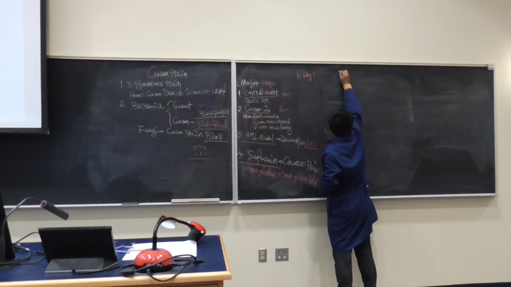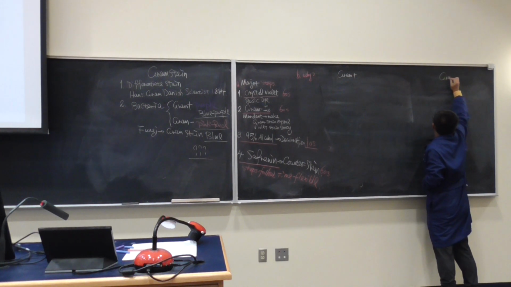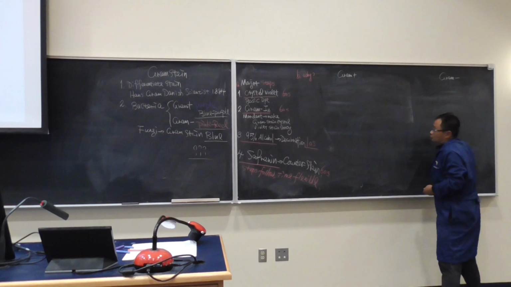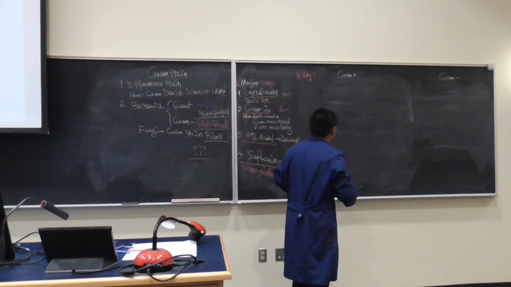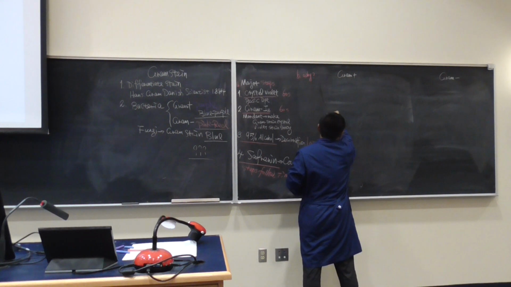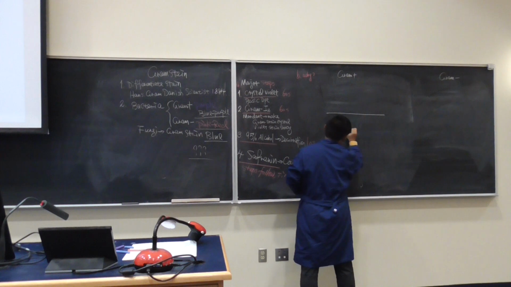Okay, this is gram-positive bacteria. This is gram-negative bacteria. What does the structure look like? Let's talk about gram-positive first. Gram-positive bacteria, you have this layer.